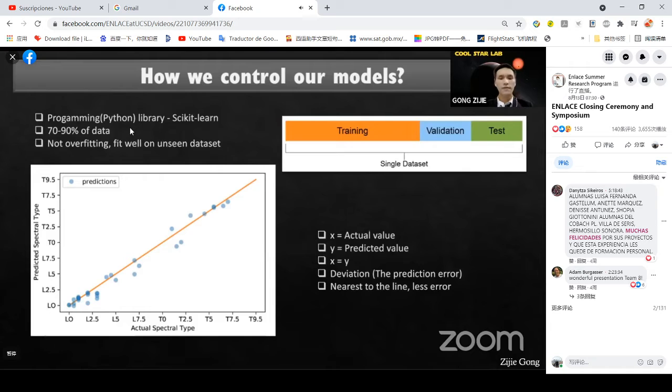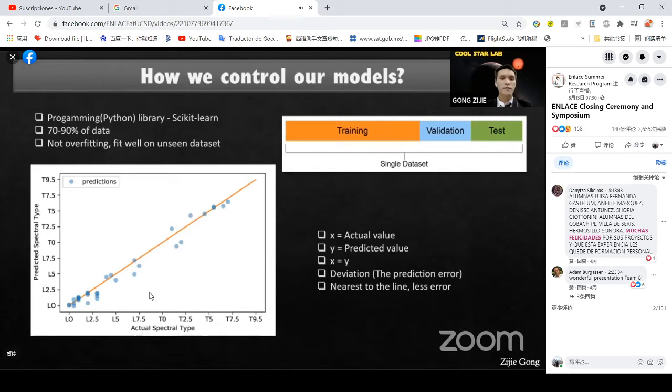We also took 75 to 90% of our data to split into a training set that will train our models, then a validation set to adjust the parameters, and a test set to evaluate the generalization of our models. In this way, we ensure that our models are not overfitted and will fit well on unseen data. We also use an actual versus predicted graph to see our model's performance.